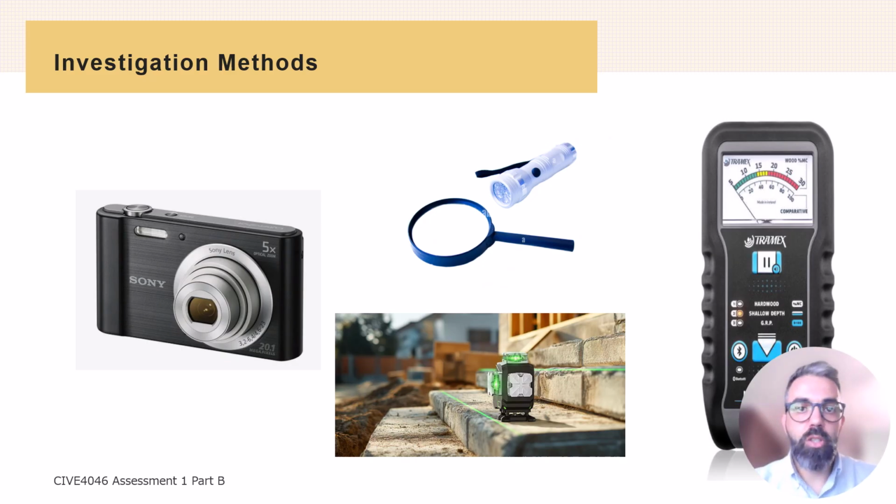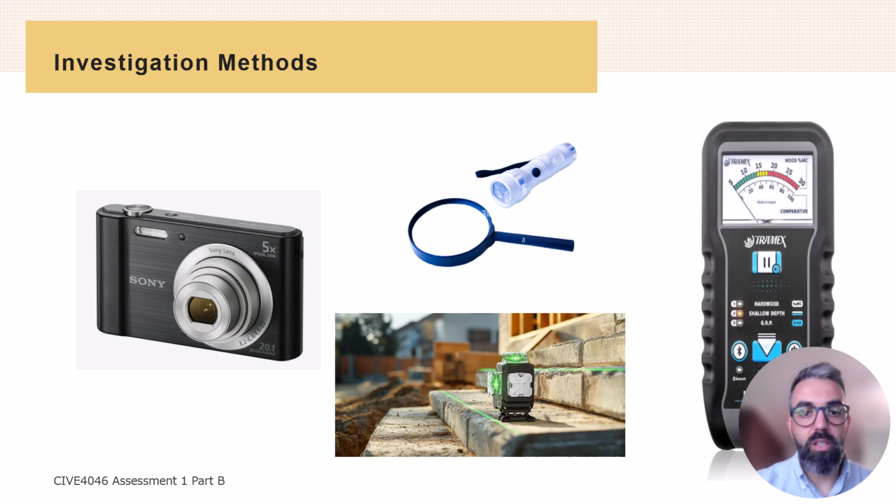As we can see, just very briefly, this could have been the equipment that we could have taken to site to do our site inspection. In these images, we can see a digital camera, a flashlight, and a magnifying glass.